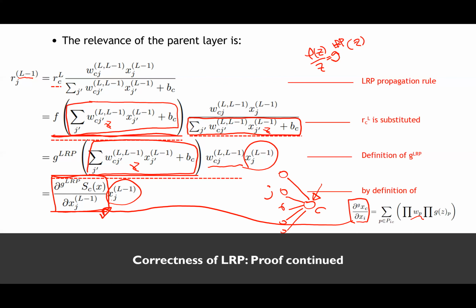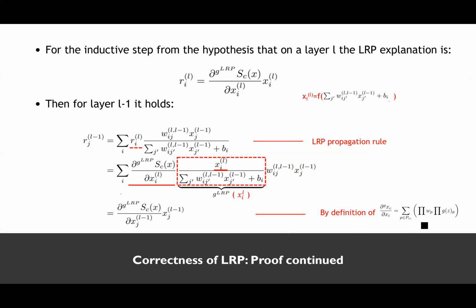So this is a gradient times input, where the gradient is with respect to the j-th node in the L-1 layer. That is the relevance score that we recover. Of course, this is very close to a linear model, so it is not really unexpected. So we can apply this to the previous layer.